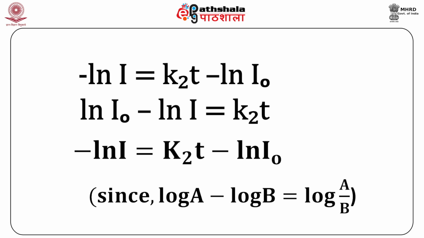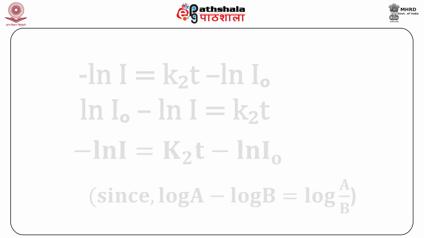This rearranges to give ln I₀ minus ln I is equal to K2t. Again, since log A minus log B is equal to log A by B, the equation can be written as ln I₀ by I is equal to K2t.